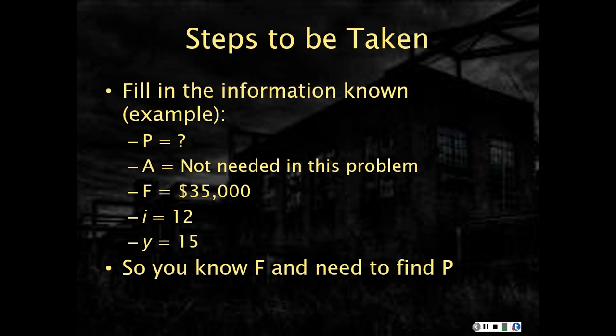So I know the future value. The future value is $35,000. They gave me an interest rate of 12%, and they gave me the number of years, 15. So basically, if we look at all these variables, I know F, and I need to find P. I know the future value, I need to find the present value.